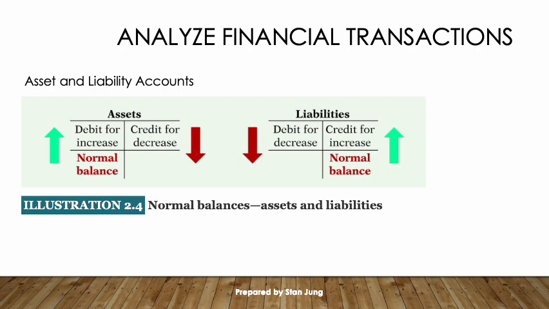For liabilities, it's the exact opposite. To show an increase in a liability, we're going to credit the account. The normal balance is a credit balance. And to show a decrease in a liability, we're going to enter a debit. So paying attention to normal balances is vital to our understanding of how to make journal entries.